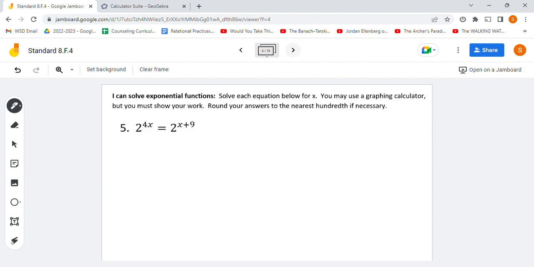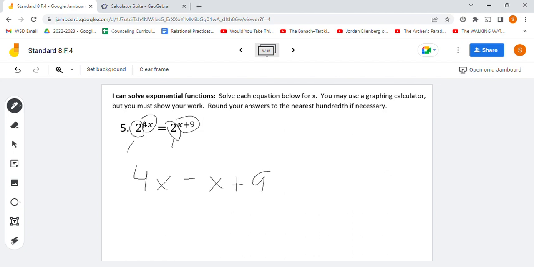This next question and section, we're going to have to solve some exponential functions. And it is super easy to do this if we have a common base right here. So we know that if we have that same base, and in this case the base is both 2, then the exponents also need to be the same in order for them to be equal. So since the exponents need to be the same, all we have to do is figure out what makes 4x the same as x plus 9.